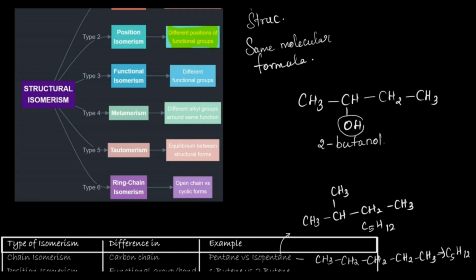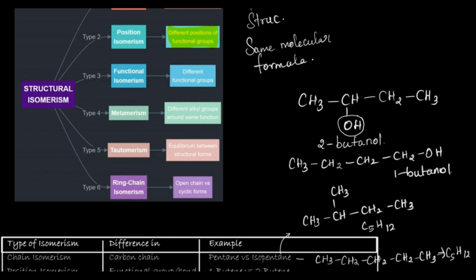Let's say I'm attaching this functional group in the first position. Then that will become 1-butanol, right? I just took that OH and attached it to the first position. I'm not literally taking it, but the change in position of the functional group is called positional isomerism or position isomerism. That is the second type.